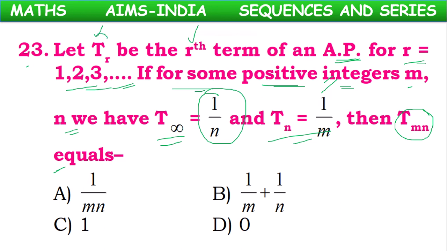So here Tr is the rth term of an AP, where r starts from 1, 2, 3 and so on. It continues up to infinity, and the T infinity term is 1 by n, and the Tn term is 1 by m. Then what about the Tmnth term?